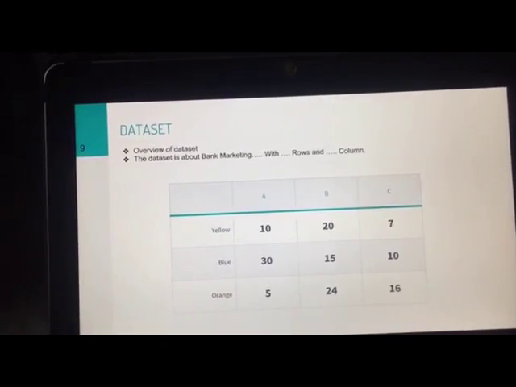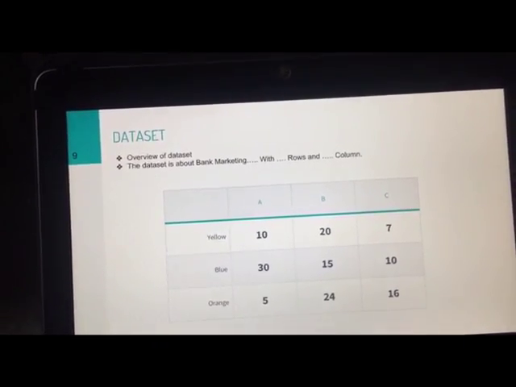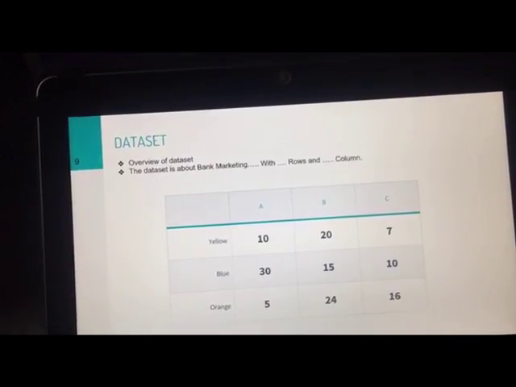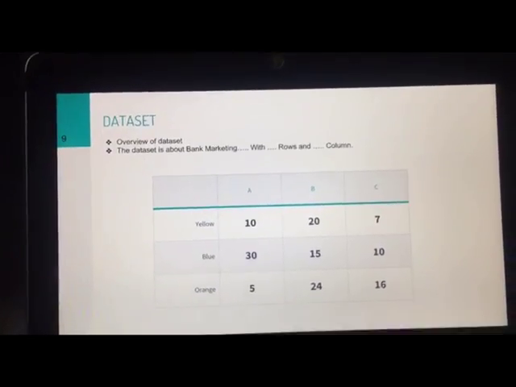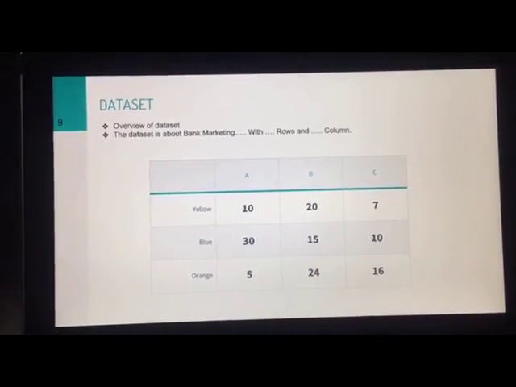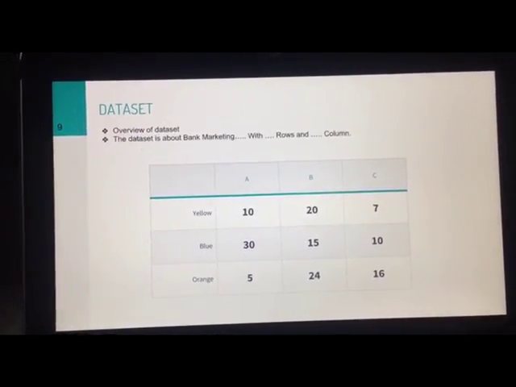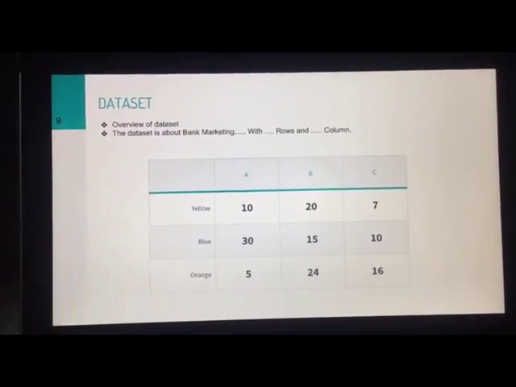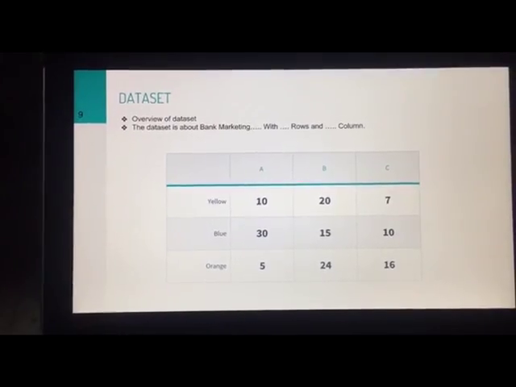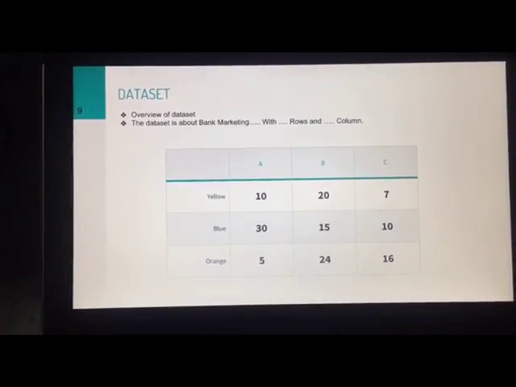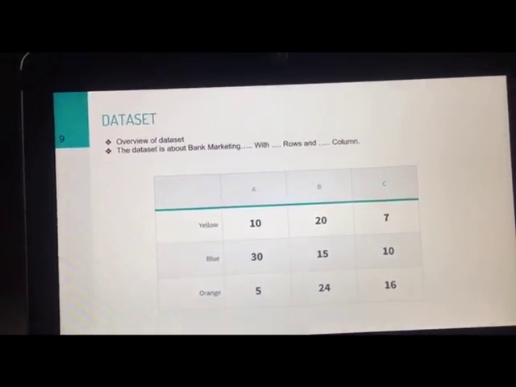A subset of these are related to the last contact of the current campaign, such as the month and the day of the week the last contact was made, and more information. For this dataset, as you can see, we have provided some rows and columns in our slides.